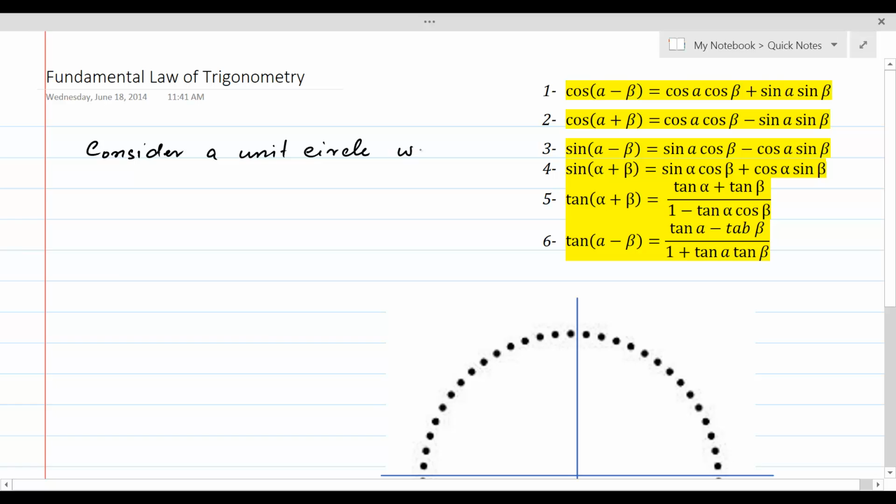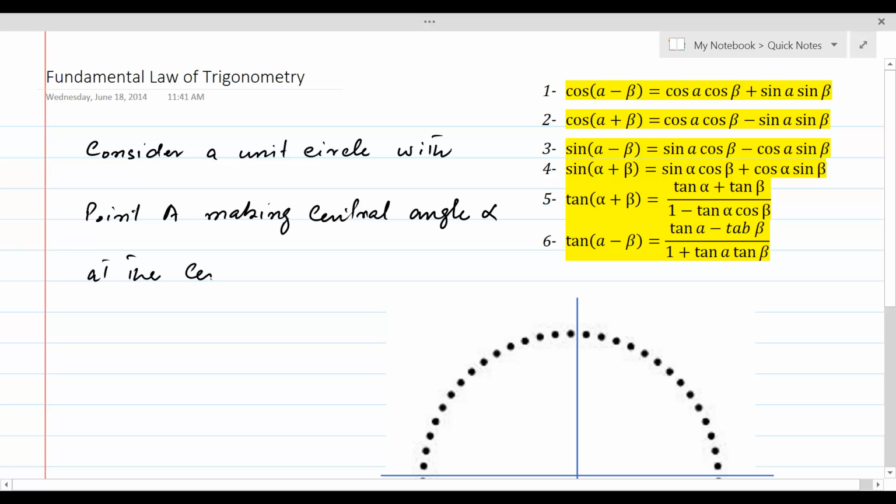with point A, making central angle alpha at the center of the circle.